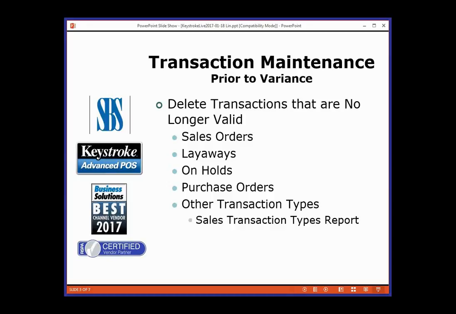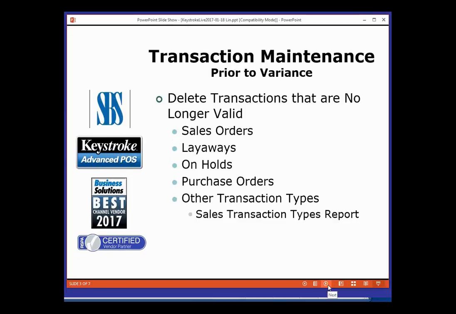What we're looking at here are some utilities that Keystroke has, along with some reports, to help you make decisions to delete transactions that are no longer valid. Sales orders, layaways, on holds, purchases, all kinds of transactions you may have.